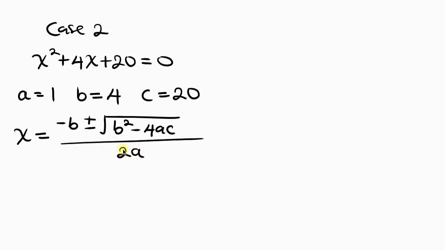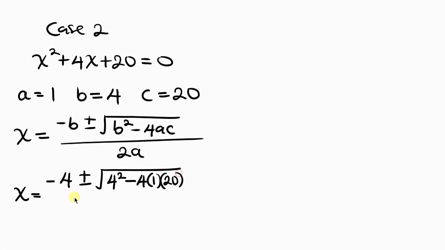Now let's substitute into this quadratic formula. So we have x to be negative b, so negative b is negative 4, plus or minus the square root of b squared, that is 4 squared, minus 4 times a times c, so 4 times a is 1, times c is 20, all over 2 times a, that's 2 times 1.